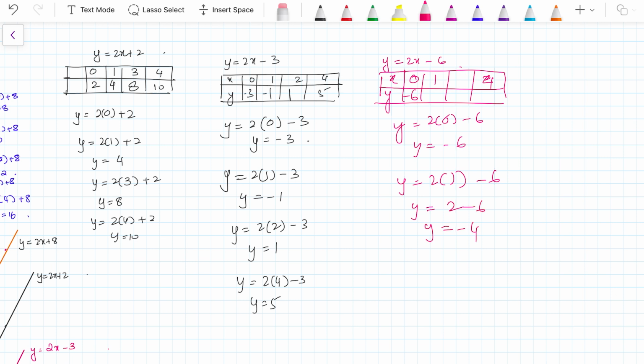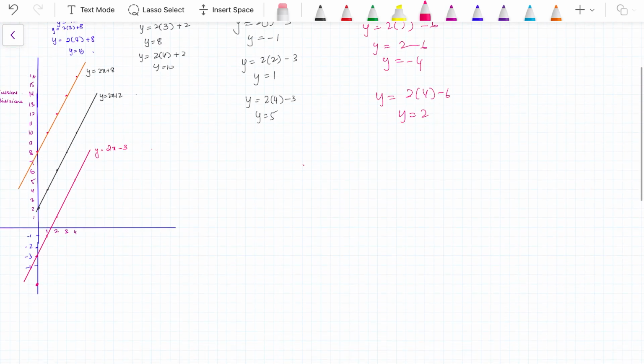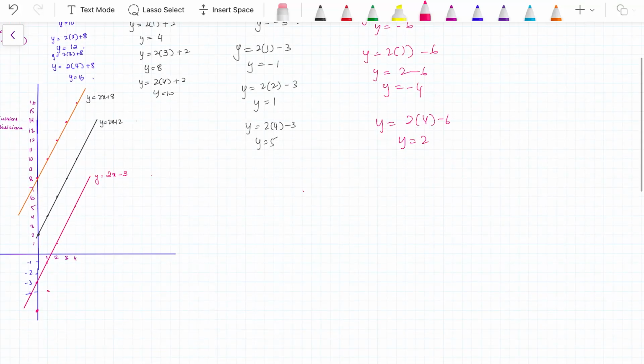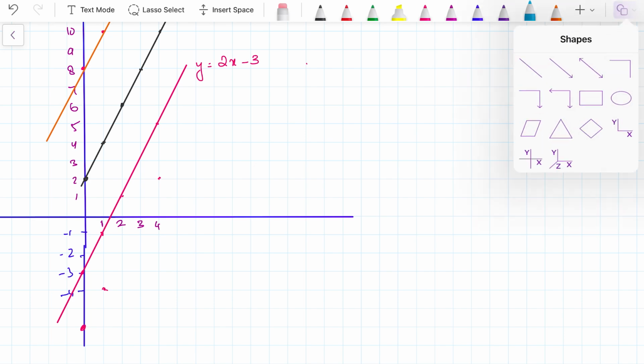So it's minus 6 and then it's minus 4. And then when you input a 4, it's y equals 2. So at 0 it's minus 6. Then at 1 it's minus 4. And then at 4 it's 2.